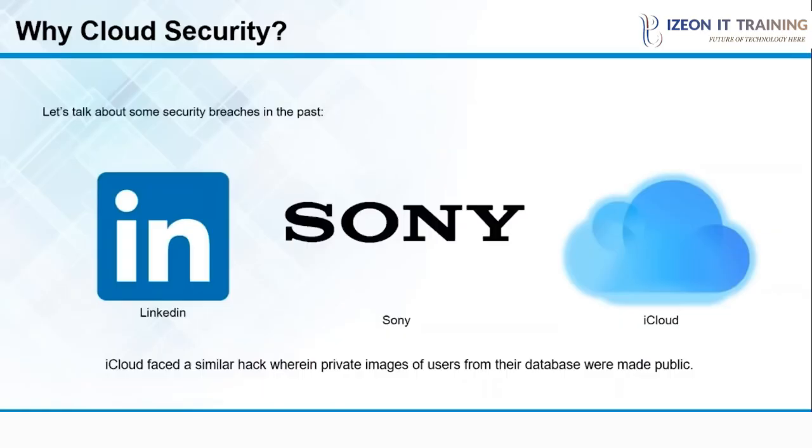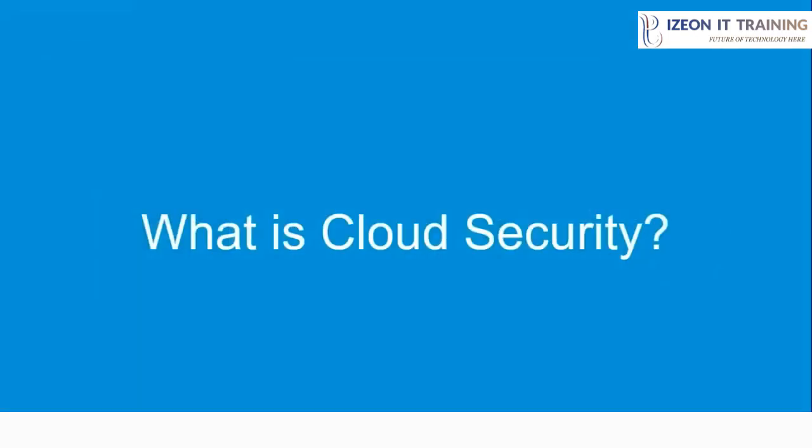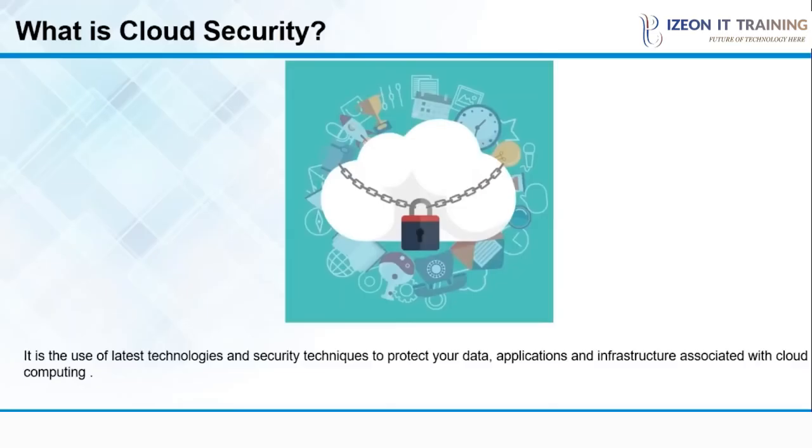Since we've established that cloud security is really important, let's move on to understand what cloud security actually is. It is the use of the latest technologies and techniques in programming to secure your application which is hosted on the cloud, or the data which is hosted on the cloud, and the infrastructure which is associated with cloud computing, right?